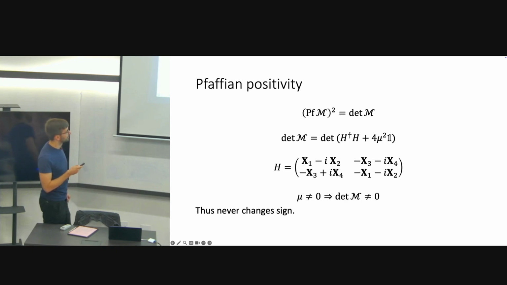And this is manifestly positive, and it's also non-zero as long as mu is non-zero. So if mu is non-zero, there is no chance that this determinant can cross zero. The Pfaffian cannot become negative, because the Pfaffian is a continuous function of all parameters, x's and mu's. So if I fix mu to be non-zero, the Pfaffian cannot change sign. It should cross zero to change sign. So that's why the Pfaffian is always positive in this model.